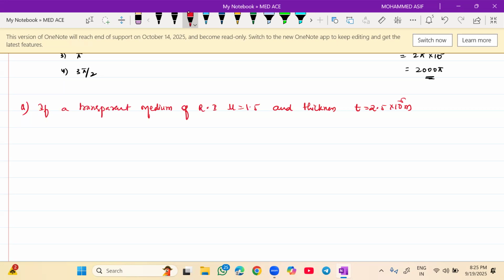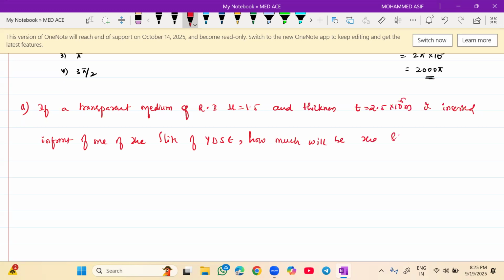Okay. 2.5 into 10 power minus 5 meter is inserted in front of one of the slits of YDSE, Young's double slit experiment. The question is, how much will be the shift in the fringe? The shift in your interference pattern.